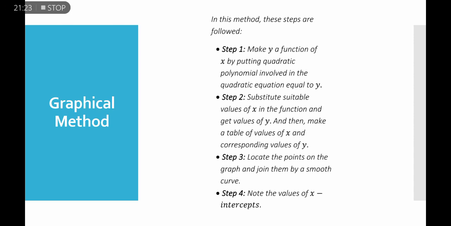Substitute suitable values of x in the function and get values of y, and then make a table of values of x and corresponding values of y. Step 3. Locate the points on the graph and join them by a smooth curve. Step 4. Note the values of the x-intercepts.